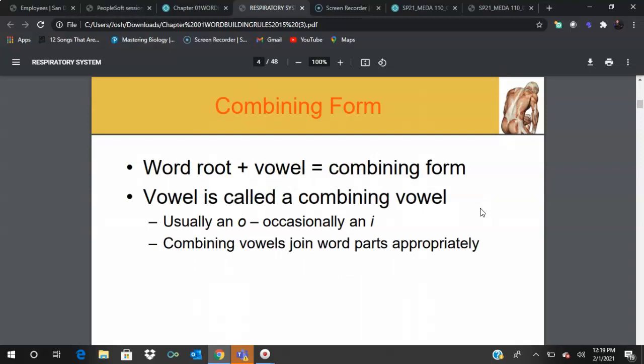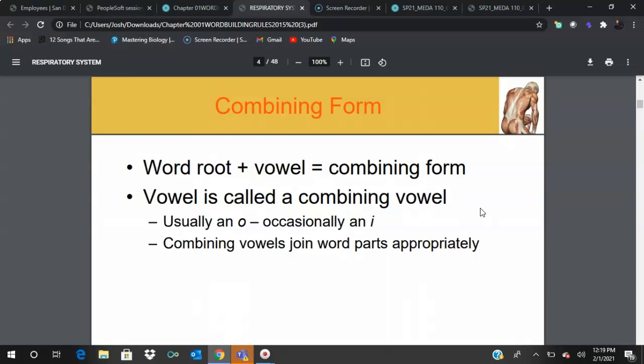And so when you put this word together, you have a cardiologist, which is a specialist in the area of the heart. Okay. Now, when we have this word root, oftentimes we need a way to connect that initial term with another element at the end to complete it. To do that, we often have to add some form of a vowel. So there are times where we have a word root and we have to combine it with a vowel. And if that happens, then we create something called a combining form.